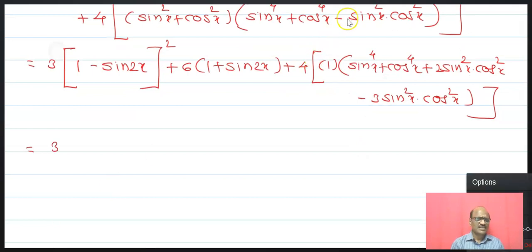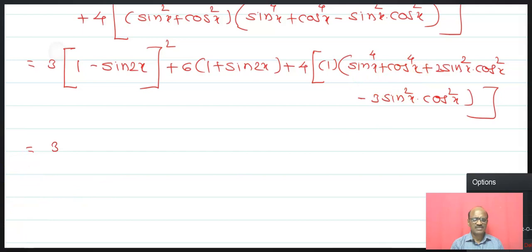Here we have only minus 1 sin square x into cos square x, but we have taken plus 2 sin square x into cos square x. To balance this plus 2, we again subtract 2 sin square x into cos square x, and therefore minus 1 and minus 2 becomes minus 3 sin square x into cos square x. Now again, this is the perfect square of (sin square x plus cos square x).